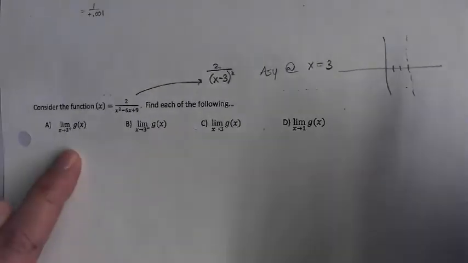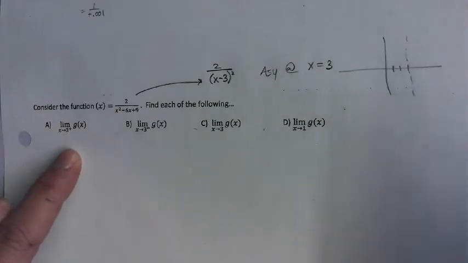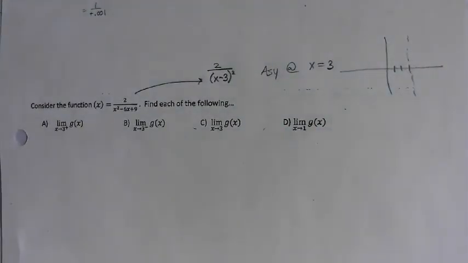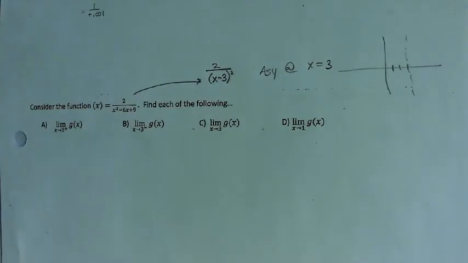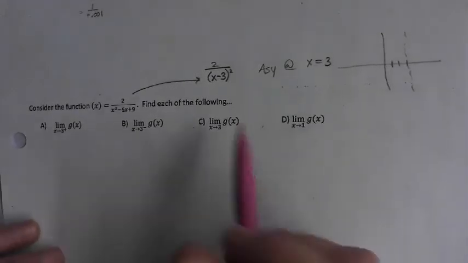As we approach 3 from the right, so what kind of number could we plug in? Right. And honestly, I went a little overboard. You really, just because we already know it's one of the infinities, you could just plug in 3.01. You could plug in 3.1 and it should be pretty accurate.